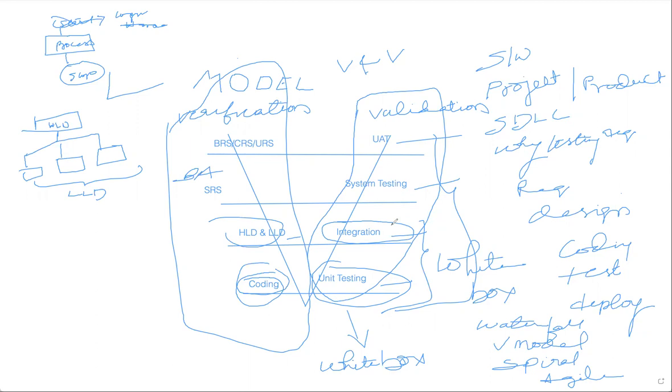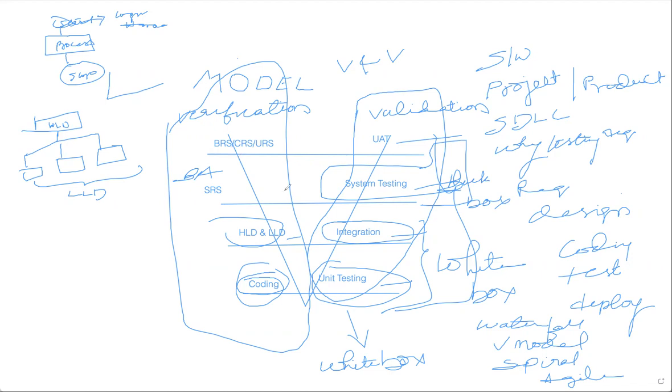Then system testing. This is the main area where all our testers are involved, also called black box testing. In the system we need to refer to our SRS document.